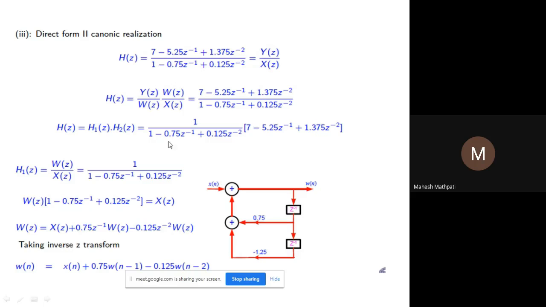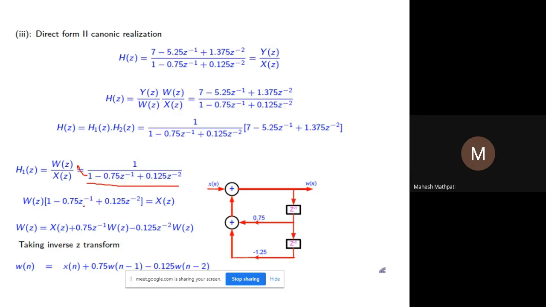So 1 divided by 1 minus 0.75 z inverse plus 0.125 z power minus 2 multiplied with 7 minus 5.25 z inverse plus 1.375 z power minus 2. So H1 of z equals 1 divided by this value he has taken. Now, how he is writing this is cross multiplication he is doing here, right? So this is the cross multiplication. If I multiply this W of z with this part, what is he writing?